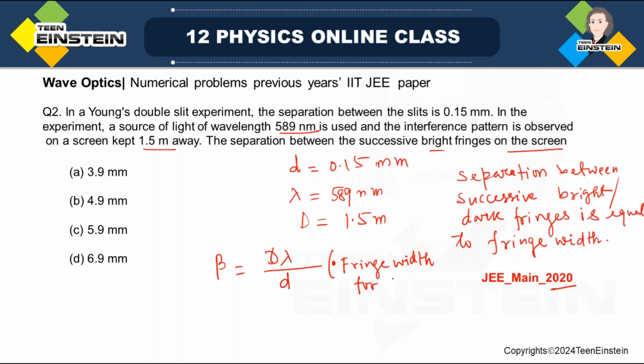for secondary minima or maxima in single slit diffraction pattern. In that case, in place of d we write a, the slit width.